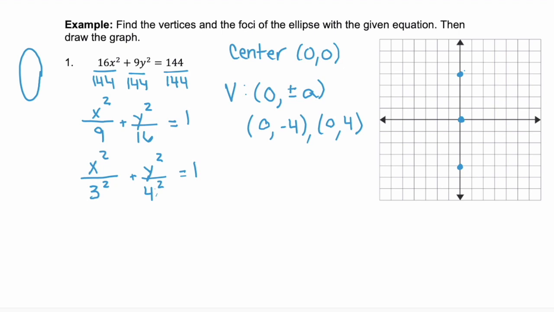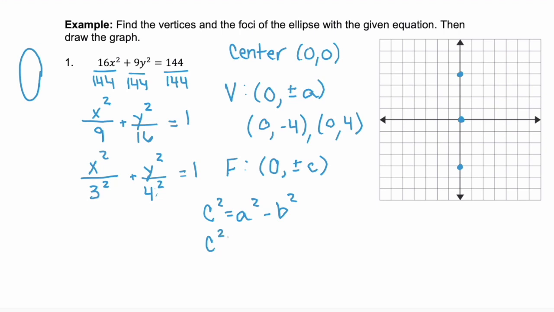Now let's plot the foci. And that is 2 points, and those points are (0, plus or minus c). Well, what is c? c squared is equal to a squared minus b squared, where a is your larger denominator and b is the smaller denominator.